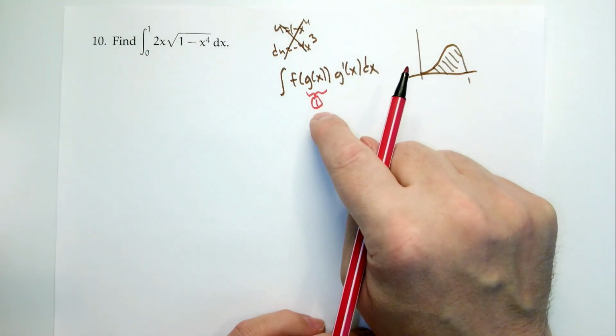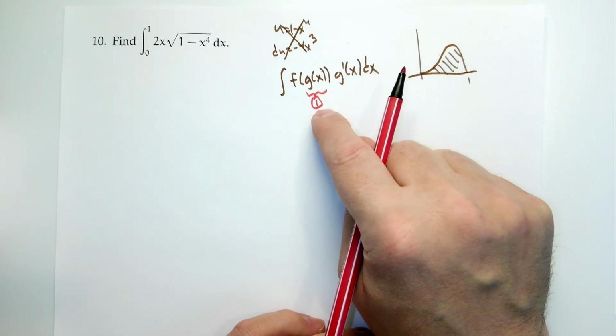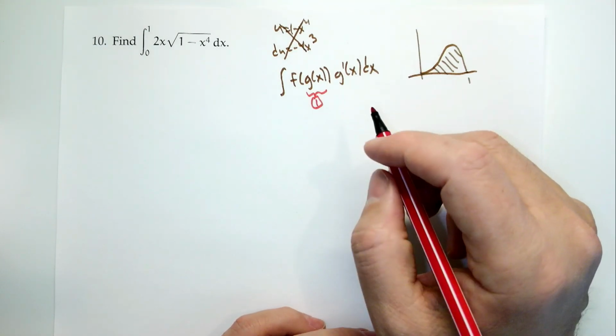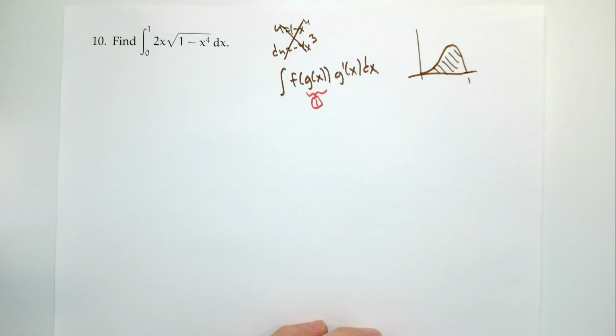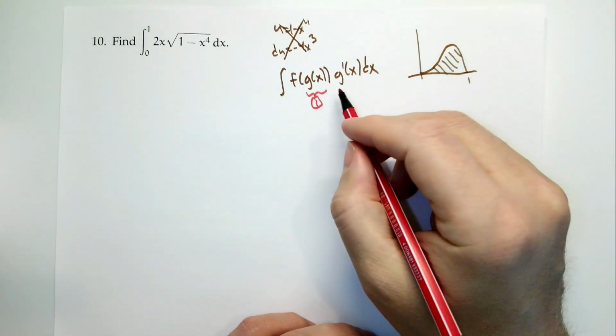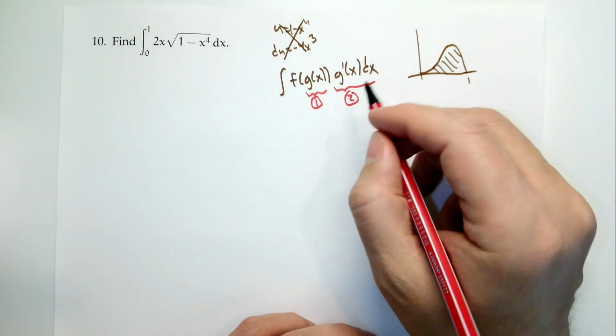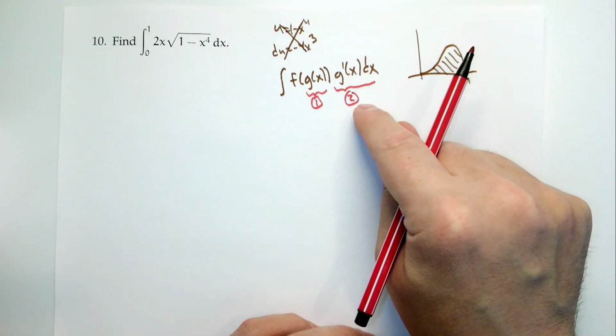But sometimes the inside function is obfuscated, which is a fancy word which means we have concealed it through algebra or simplification. Simplification is not always your friend. Simplification can mislead you. The other place to look is to ask yourself, hey, maybe I see a nice derivative.